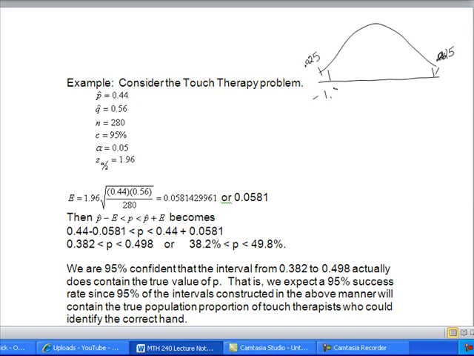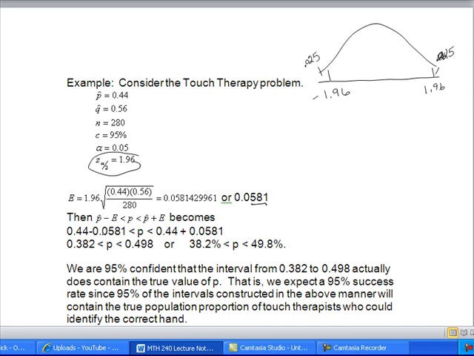Then to find our confidence interval, what we do is we're going to take our p hat minus E and our p hat plus E. And that will give us the confidence interval estimate that p is somewhere between 0.382 and 0.498, which means as a percentage that p would be between 38.2% and 49.8%.